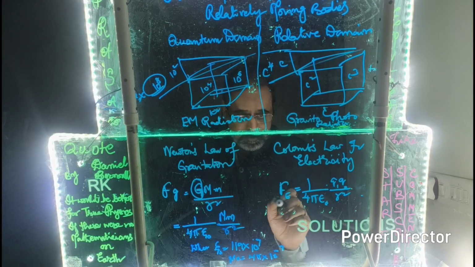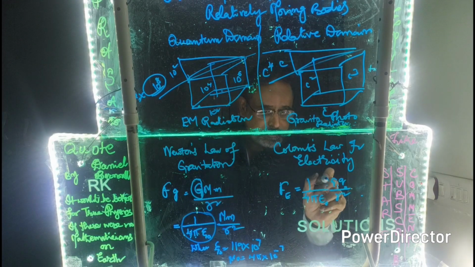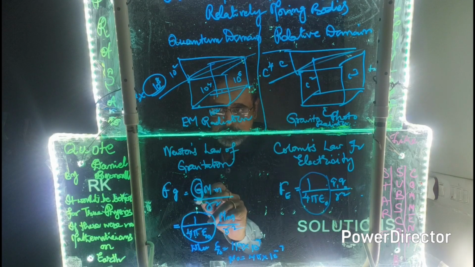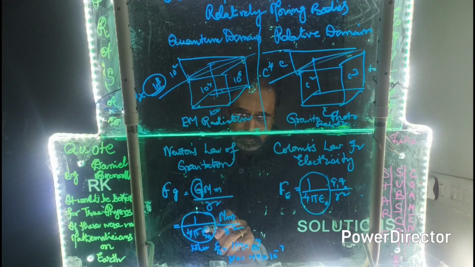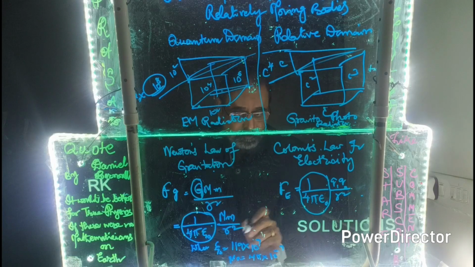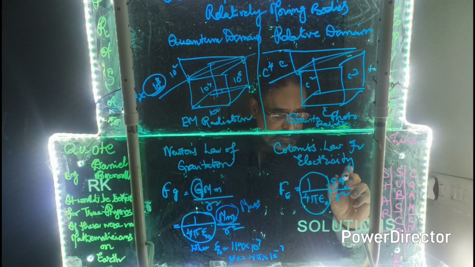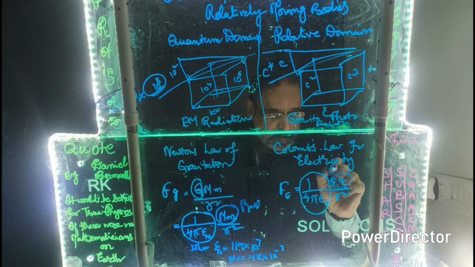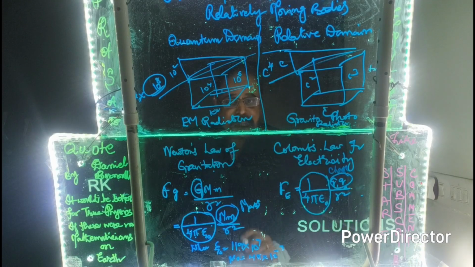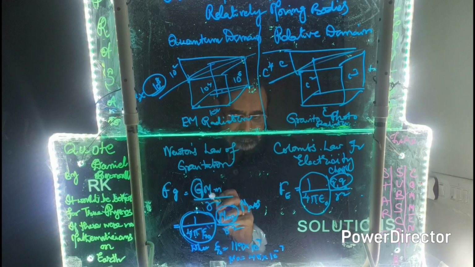Now, do you see the similarity here? I have made Newton's law of gravitation look similar to Coulomb's law of electricity. The only difference is here it is mass, here this is charge, right? That's the only difference. Otherwise, this is 1 by 4 pi xi naught.